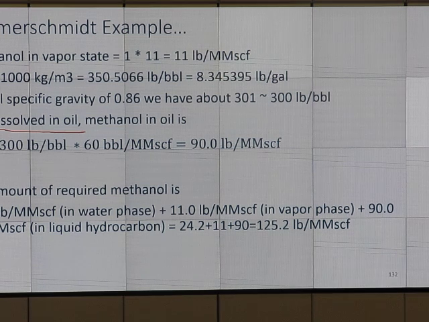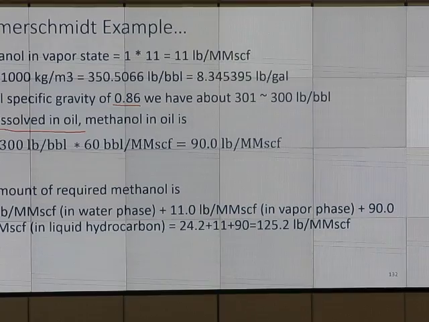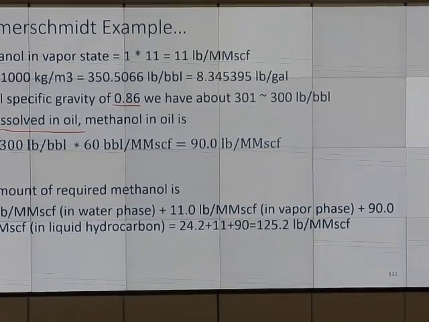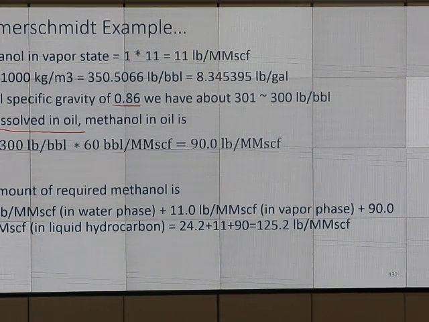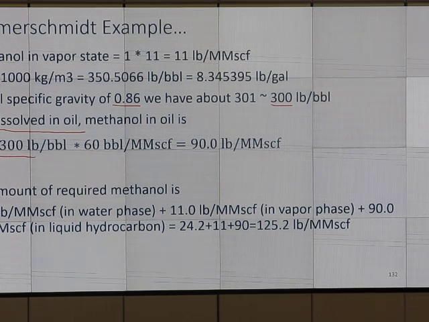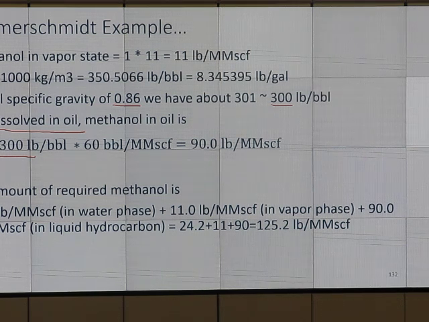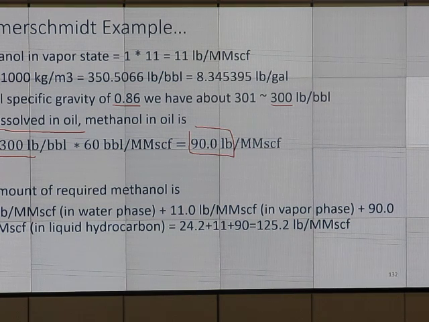So we have oil specific gravity of 0.86, and for that 0.86 is 300 pounds per barrel. So 0.5% of 300 pounds per barrel, and we have 60 barrels per million standard cubic foot, right? That is how much it produces. So that 0.5% equals 90 pounds of methanol.